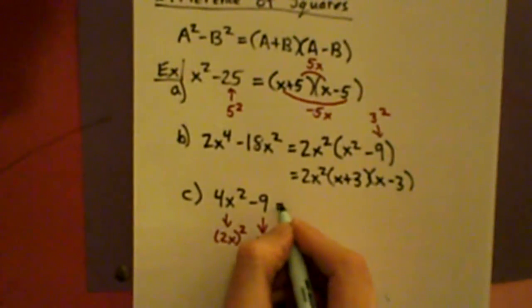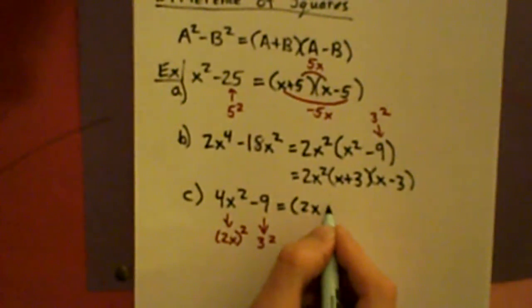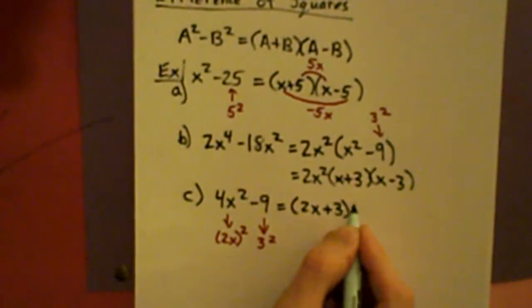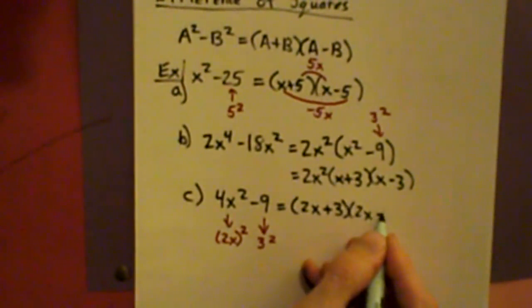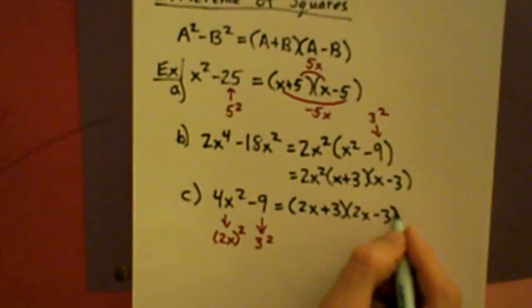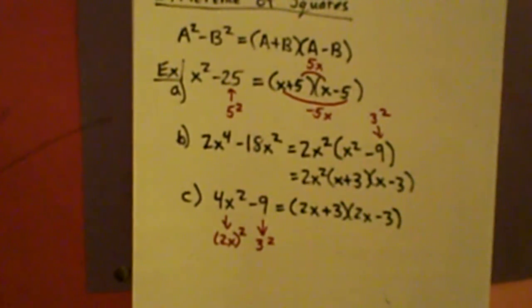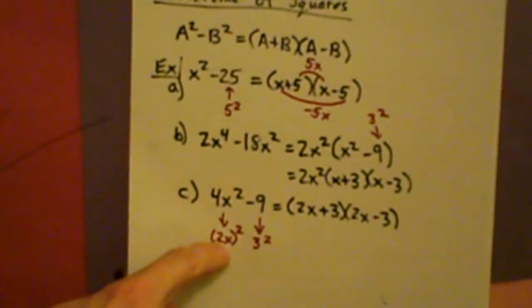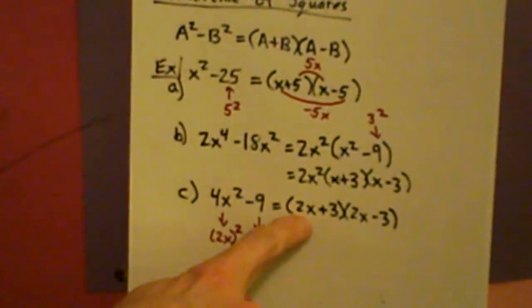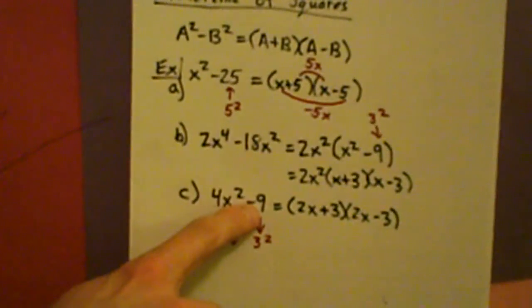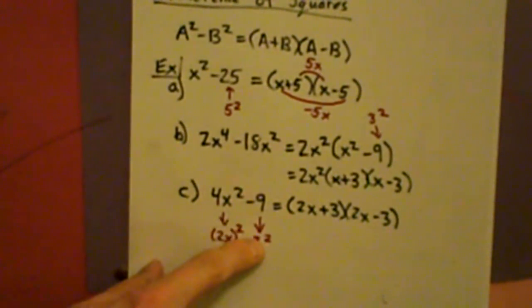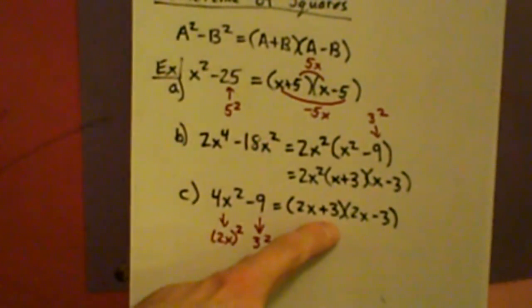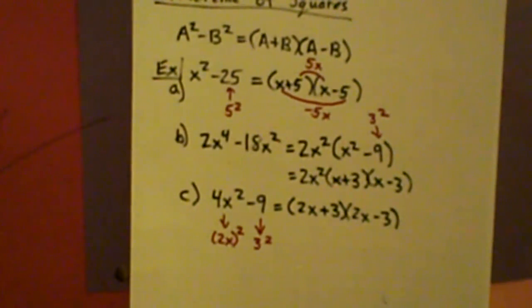So this factors to 2x plus 3 times 2x minus 3. Again, because our first part squared is not 4x, our first part is 2x. So it's got to be 2x and 2x. And then for the last part, we're subtracting 3 squared. 9 is 3 squared, so this has got to be plus 3 and minus 3. Hopefully that looks all right.